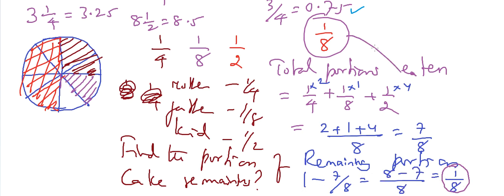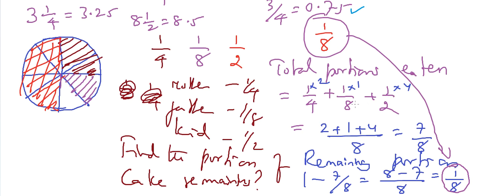See, remaining portion. So we know already, isn't it? So this is how to calculate. Sometimes pictorially it will be easy, but need not draw the pictures every time. This is the way you calculate, adding the portions that are eaten.